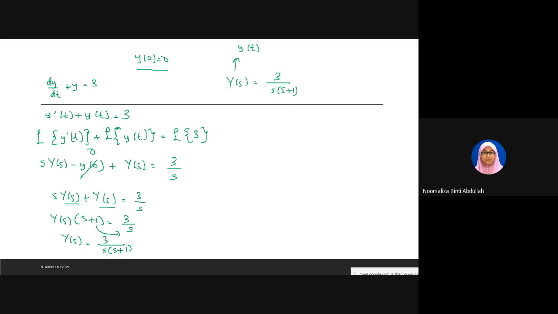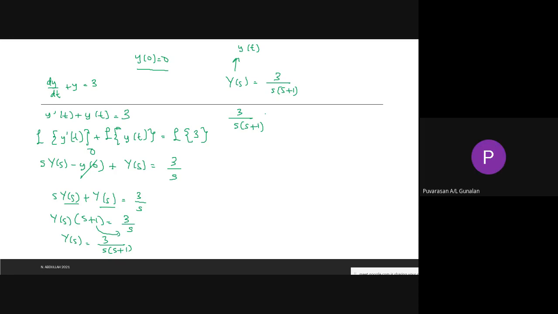You can use any method, either the transform of integral or partial fraction. Which one do you find easier?